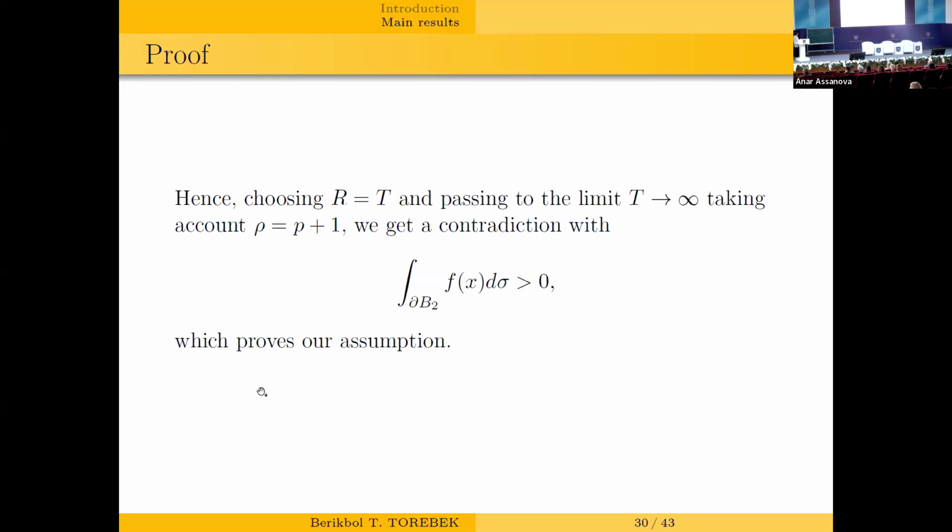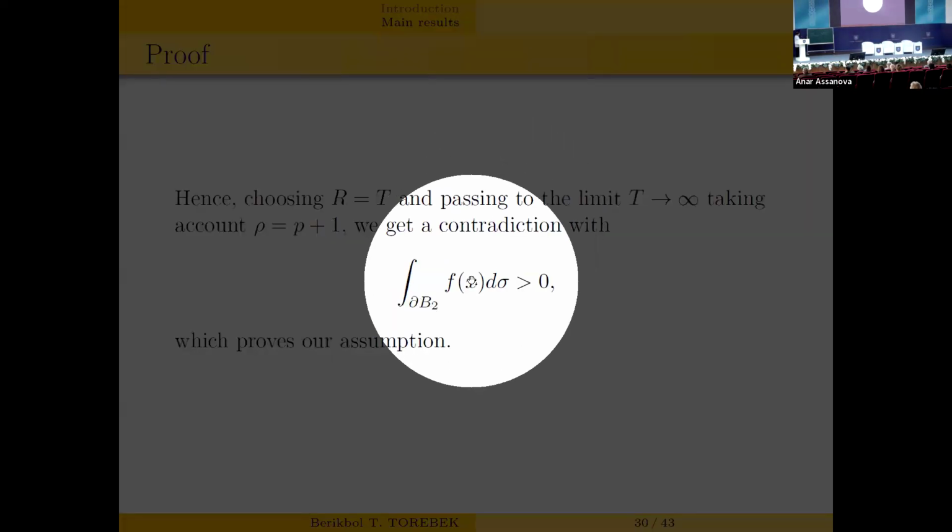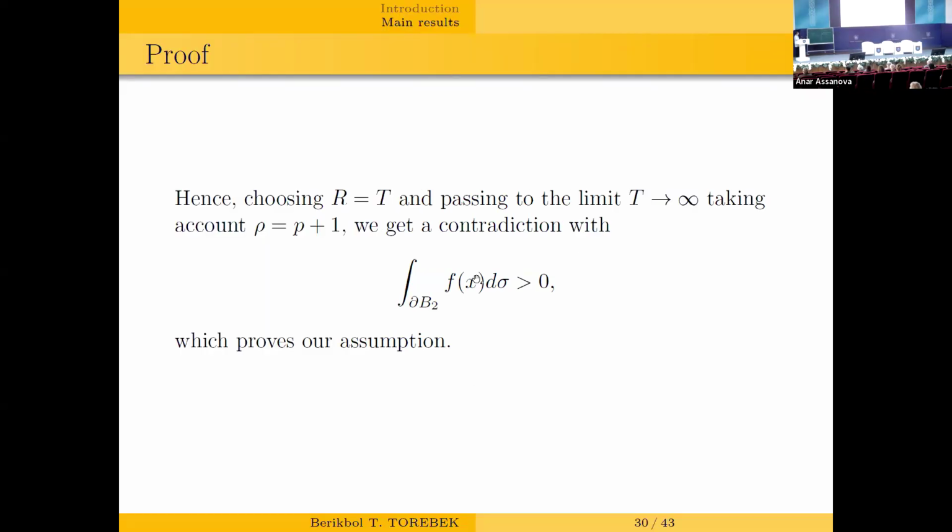This is a contradiction with our assumption that the integral of f is strictly positive. It means that in this case, the considered problem does not have a global in time solution.